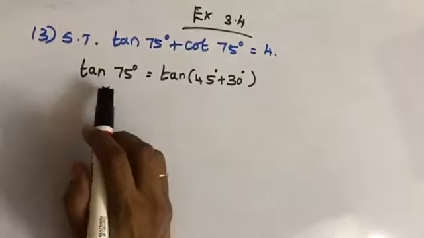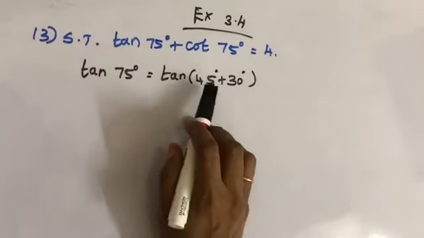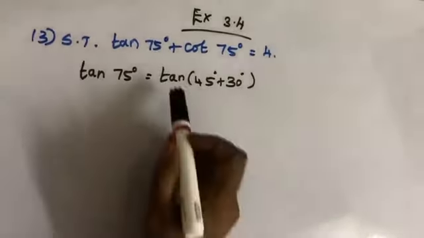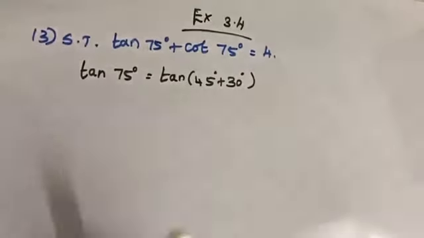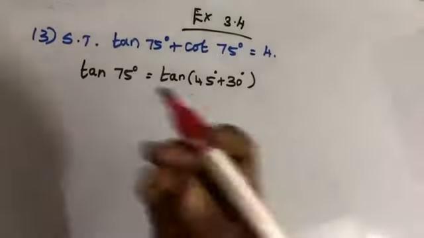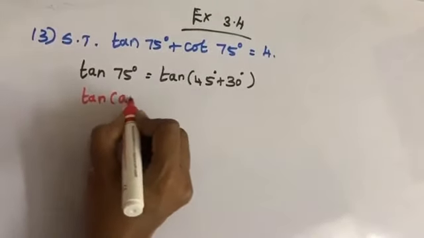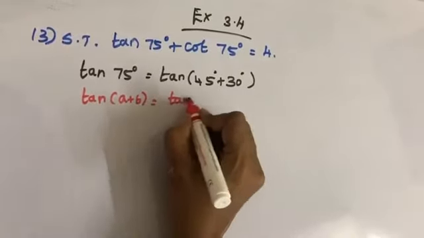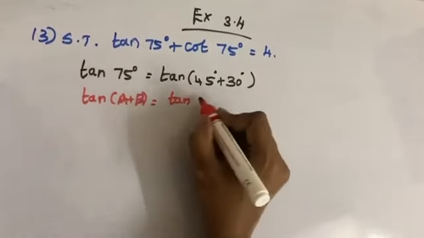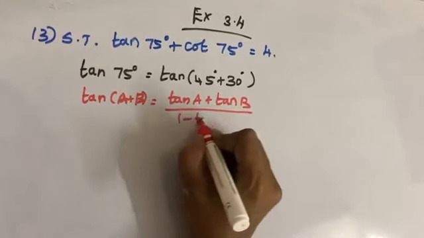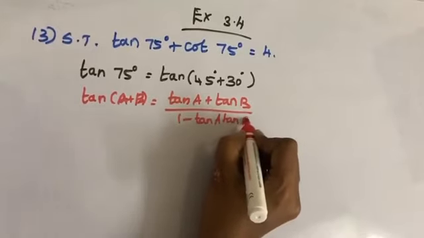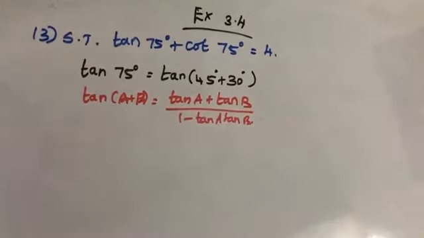So tan 75, I write tan 75 as tan 45 degree plus 30. It is in the form tan A plus B. What is tan A plus B? Tan A plus B is equal to tan A plus tan B divided by 1 minus tan A tan B. It is a formula for tan A plus B. So now we are going to write the given thing in the form of this.